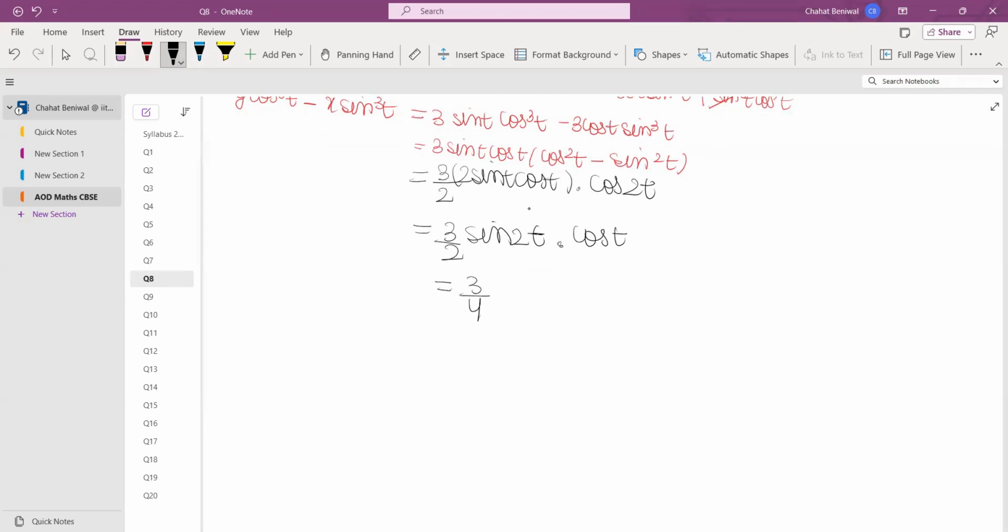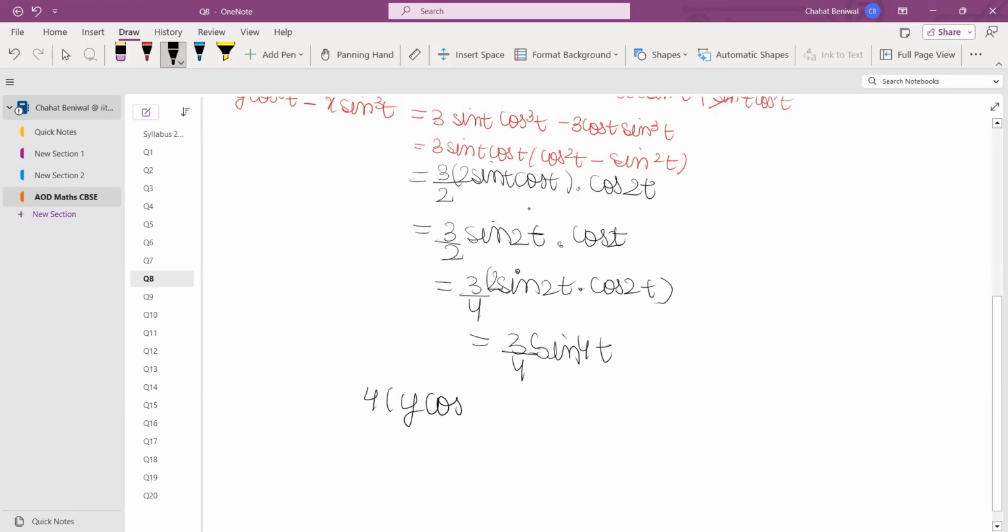Then 3/4 sin 2t and cos 2t, which is going to become 3/4 sin 4t. And this 4 is going on the left side. So we get the final expression. This is hence proved. Okay. So this was just much of a calculative question.